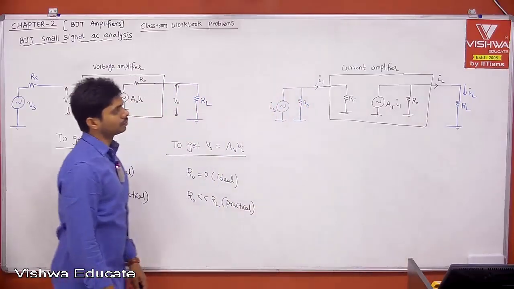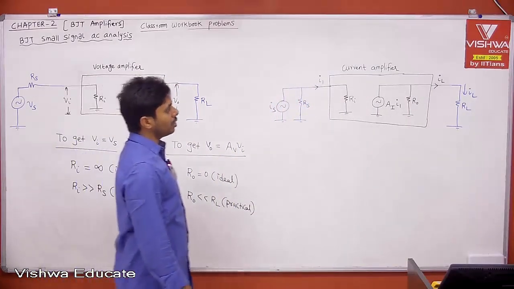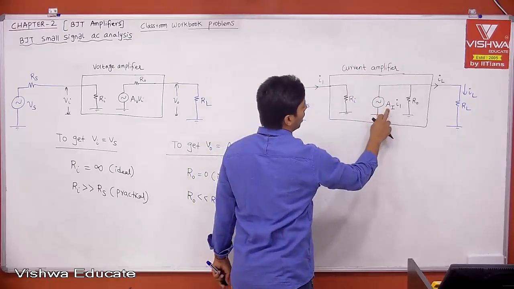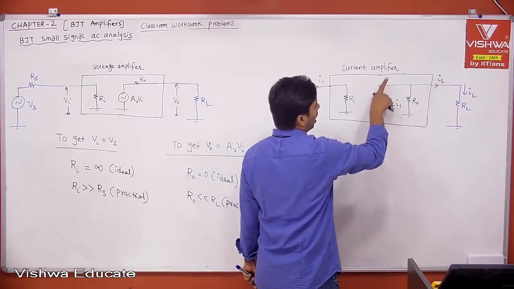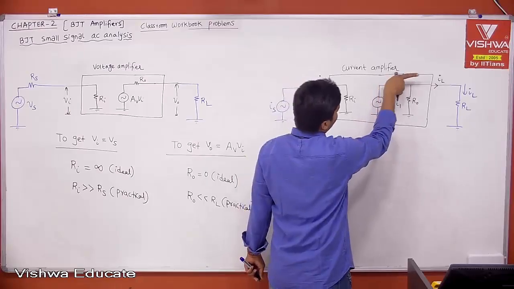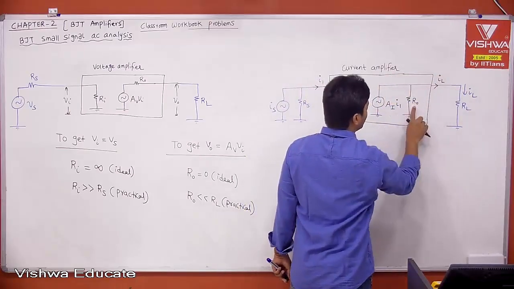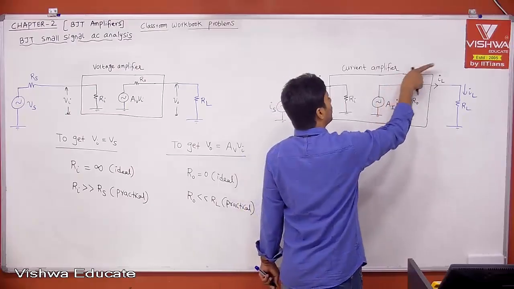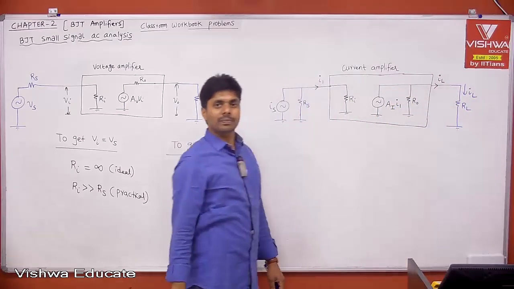Now, what do you want? Whatever current is entering your amplifier will be amplified with gain of AI, and whatever current you get after amplification should enter into your load only. But because of R0, part of the current will enter into R0, and only partial current will enter into the load.